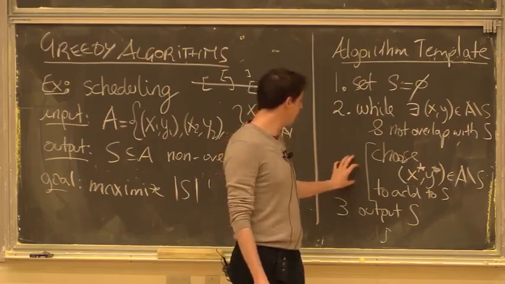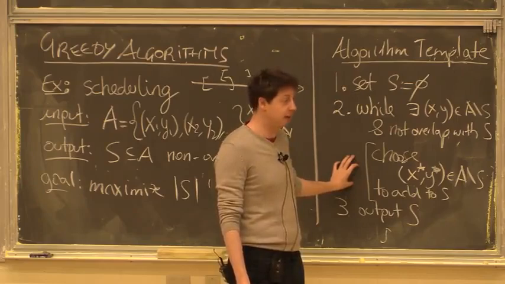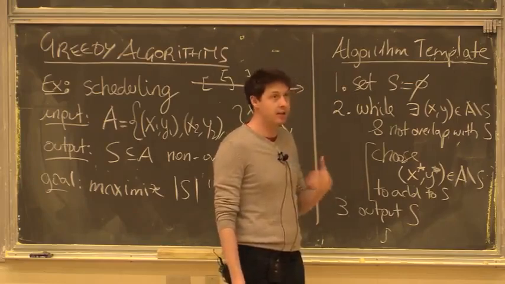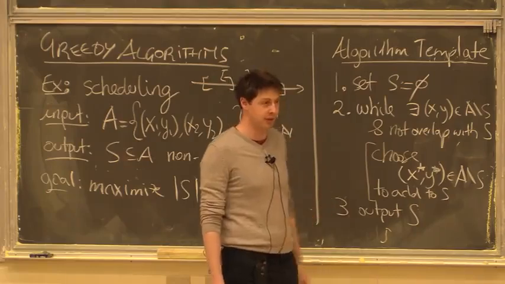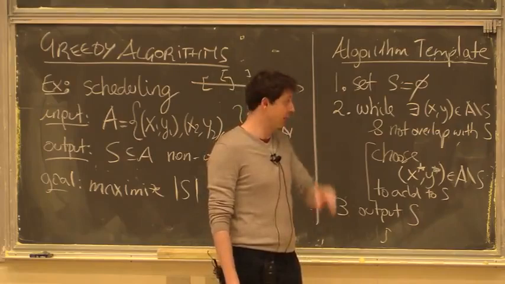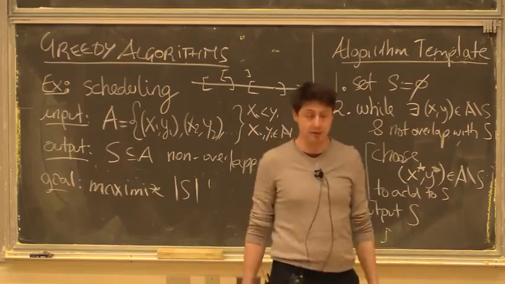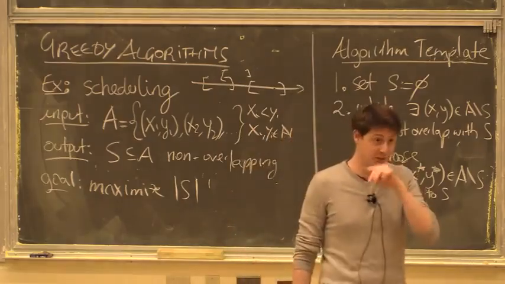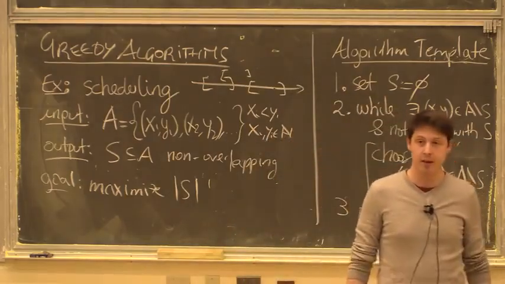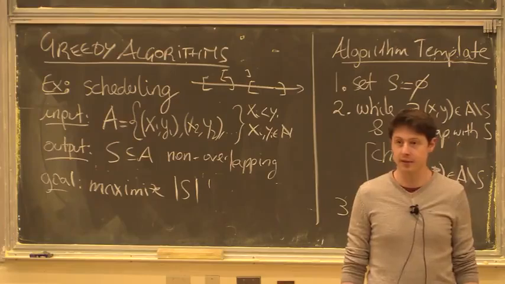So the suggestion is you sort by end time and you pick the earliest not chosen one. So that actually gives the answer that we'll analyze. It actually gives an optimal answer, but there's another very reasonable strategy. What is it? It's worth discussing.